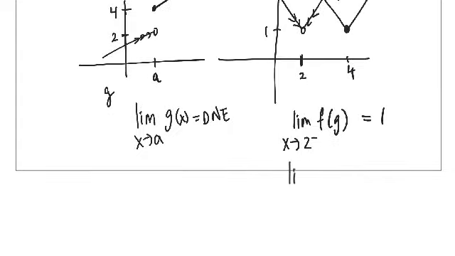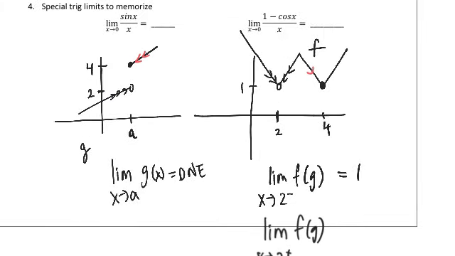If I approach from the right, then I'm going to 4, and I only have to go to 4 from the greater than side, and I only have to go to 2 from the less than side. Both of those are 1, the way I drew this graph, right?